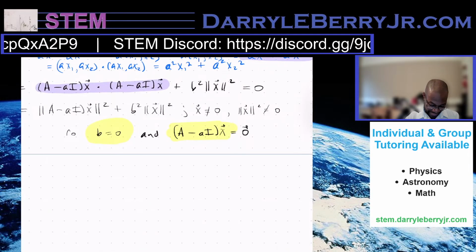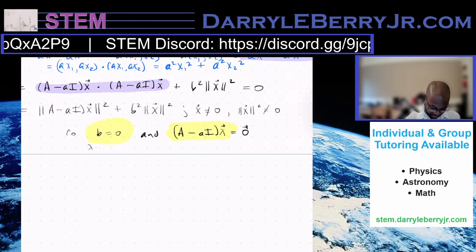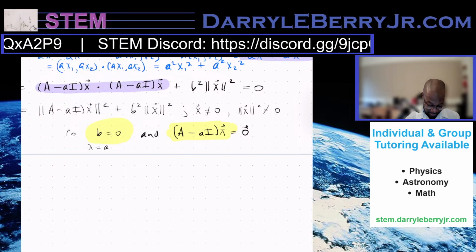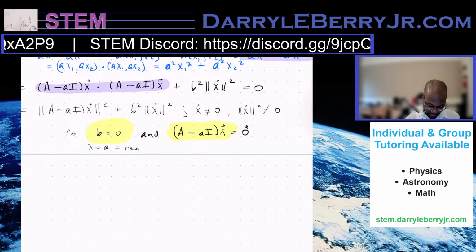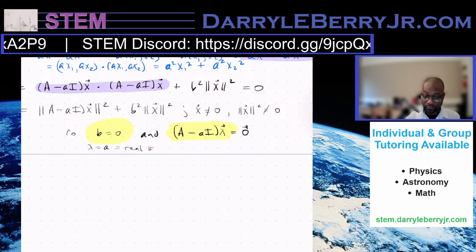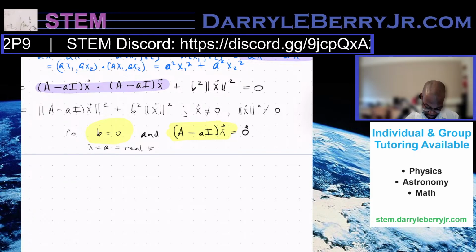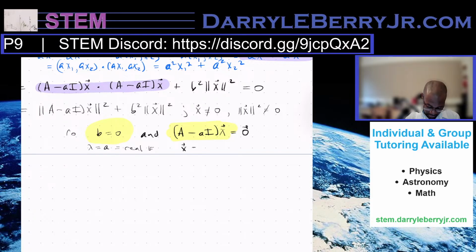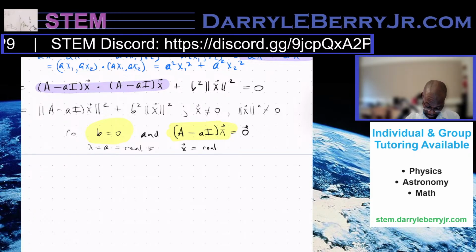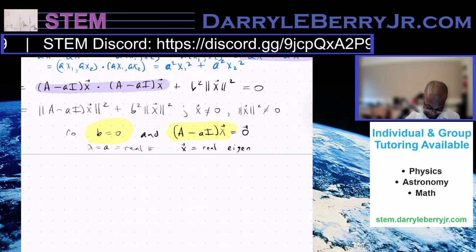So that would mean that lambda equals a equals a real number, and x equals a real eigenvector.